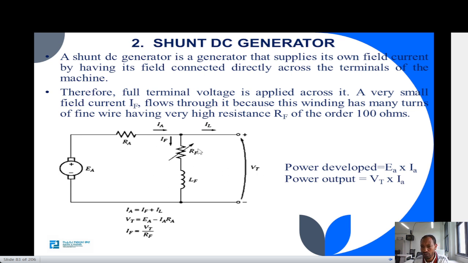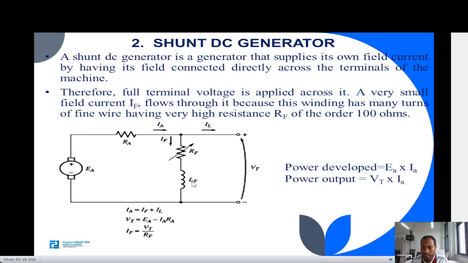So a generator that supplies its own field current, by having the field connected directly across the terminals of the machine, is called a shunt DC generator. The full terminal voltage is applied across the field.